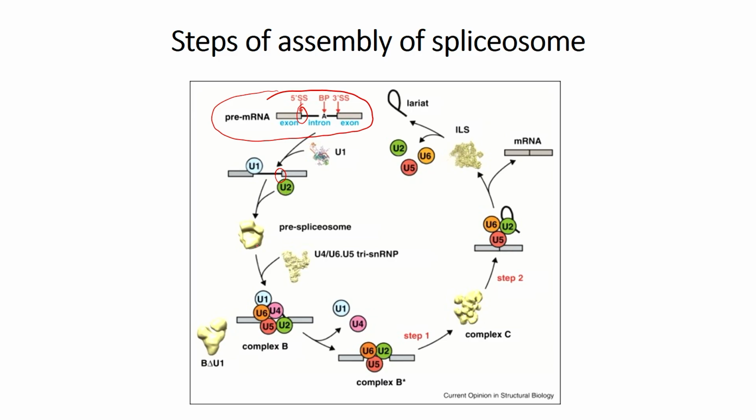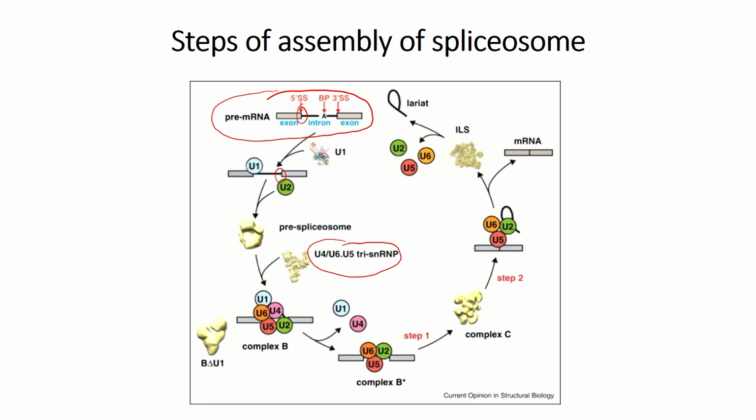So, this becomes a pre-spliceosome, and then there are 3 together, U4, U5 and U6. These 3 snRNPs, meaning RNA with protein, are together because there is RNA and there is base pairing between them.